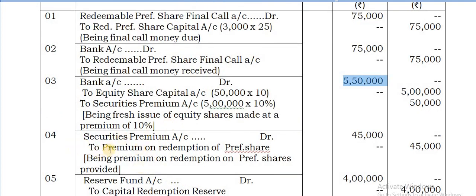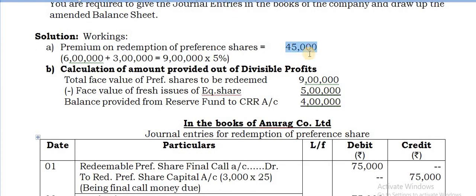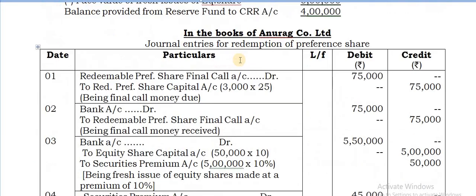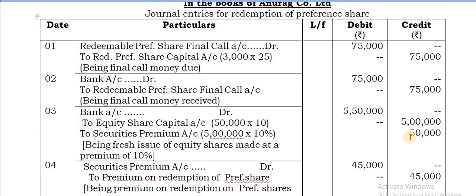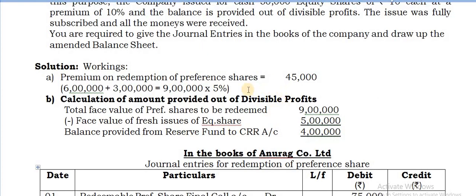Coming to the fourth entry, securities premium account debit to premium on redemption of preference shares. So what is the premium payable here? 45,000. But already there is a 60,000 securities premium, and along with that the premium coming here is 50,000. 60 plus 50, so you have nearly 1,10,000 worth of premium available.